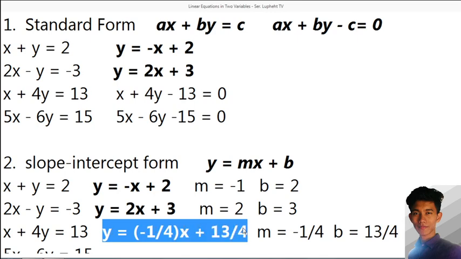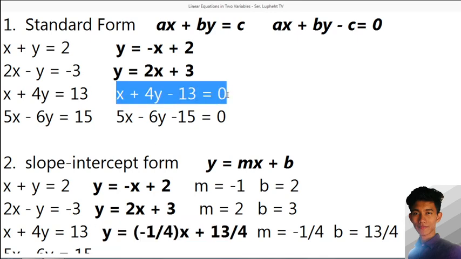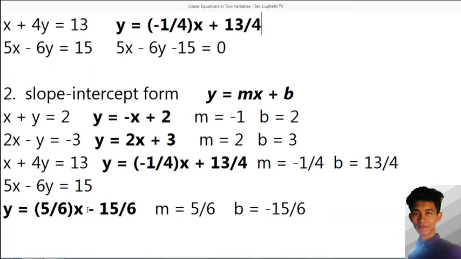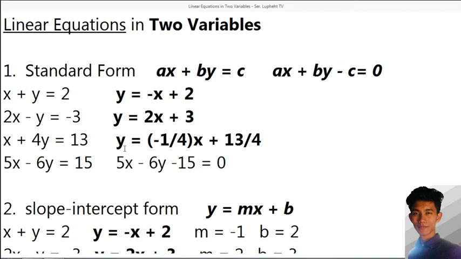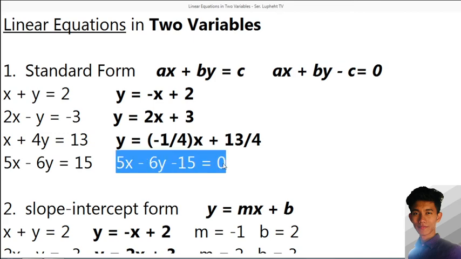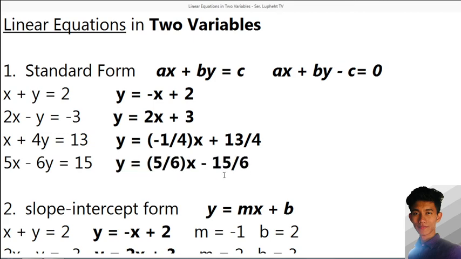And then this part dito din, and then yung last ito. Yan. So dito po ay napaka-vital nung ating operation on rational algebraic expression. Magagamit natin siya especially kapag merong fractions. Okay.